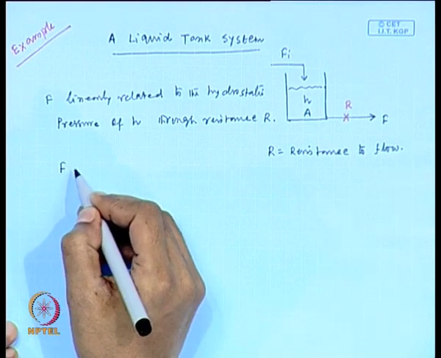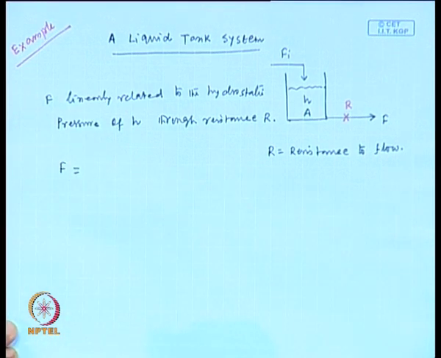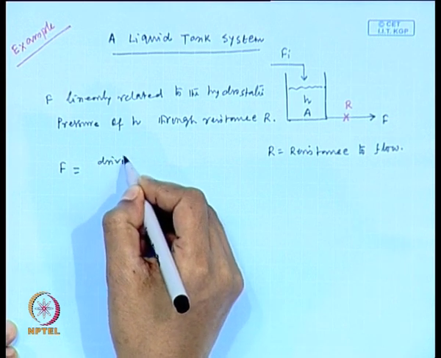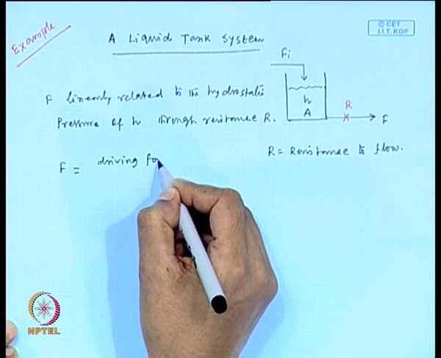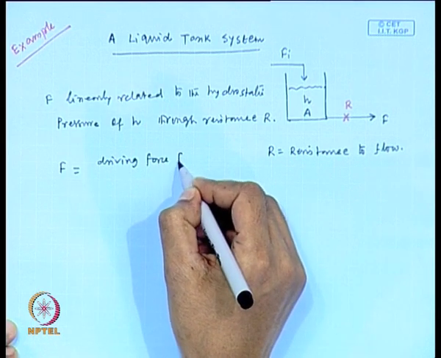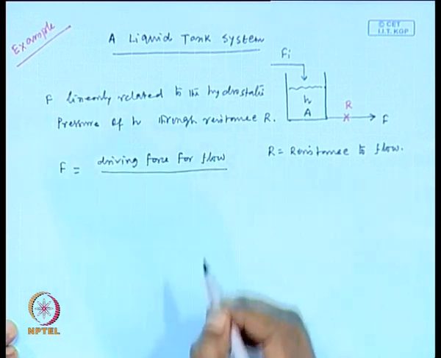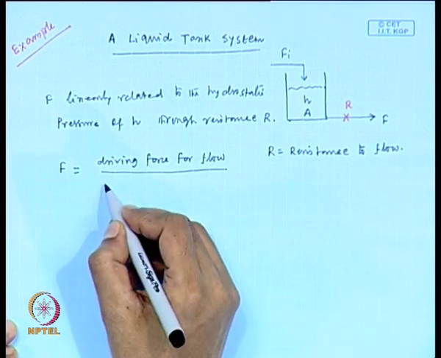Fine. Effluent stream, effluent outlet, we can represent by this form: F equal to driving force for flow divided by resistance to flow.